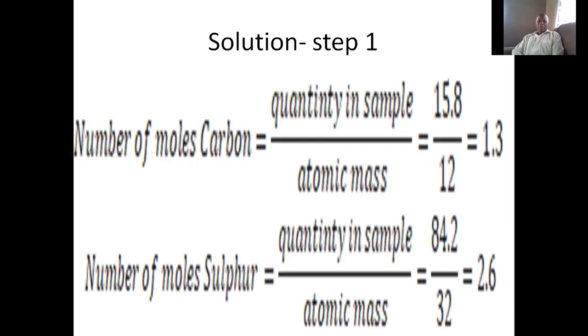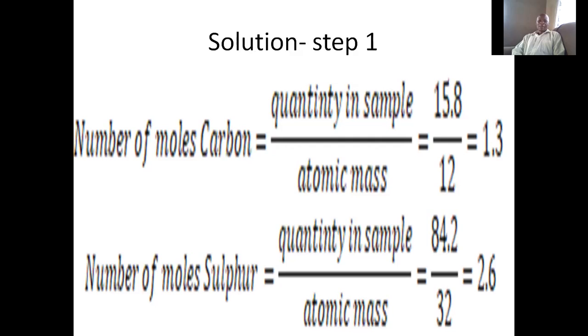By mass, we can calculate the number of moles for carbon: the quantity in that sample is 15.8 grams divided by the relative atomic mass of carbon, which is 12, which gives us 1.3 moles.